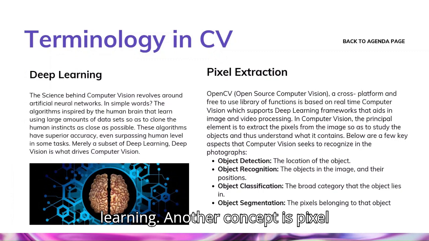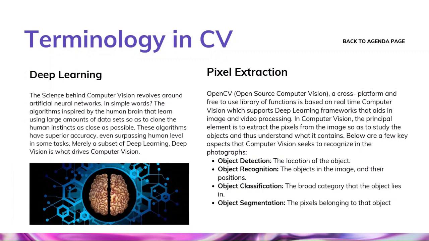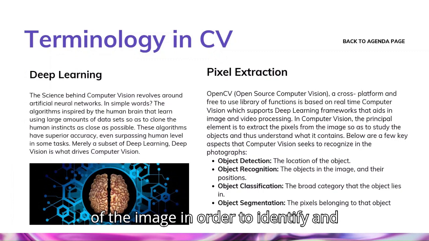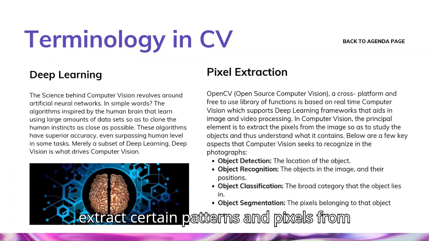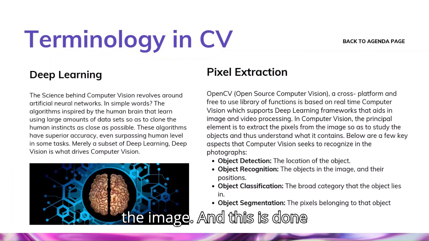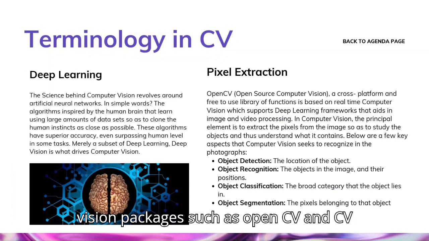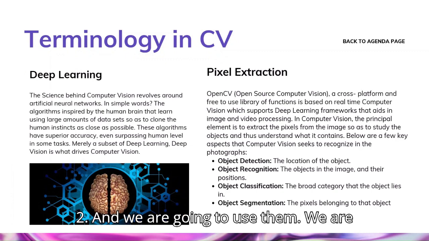Another concept is pixel extraction. It is a pre-processing task where we basically do line filtering, masking of the image in order to identify and extract certain patterns and pixels from the image. And this is done via certain open source computer vision packages such as OpenCV and CV2.